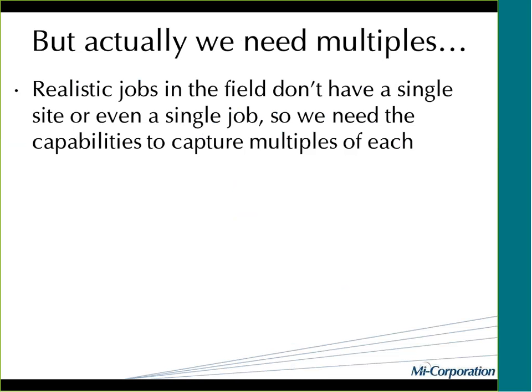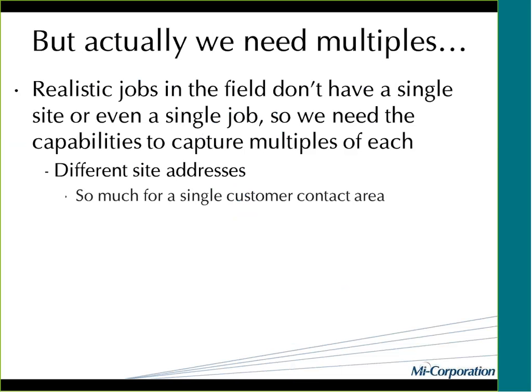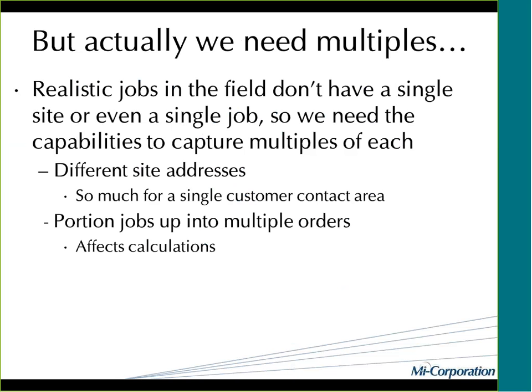So back to that solution, it turns out once we get past the parts list, so now we've got different kinds of customers, residential and commercial, and now we've got a parts lookup that we're able to search through. We actually find out that realistically when we're estimating a job, we don't really have a single site or actually even really a single job. We need to capture multiple portions of this. So now we've taken that form and we need to expand it so that it can have different site addresses. We can no longer really have that single customer contact area.